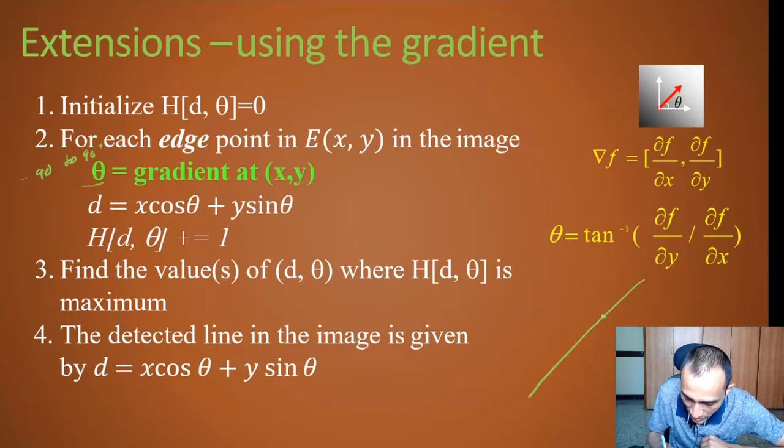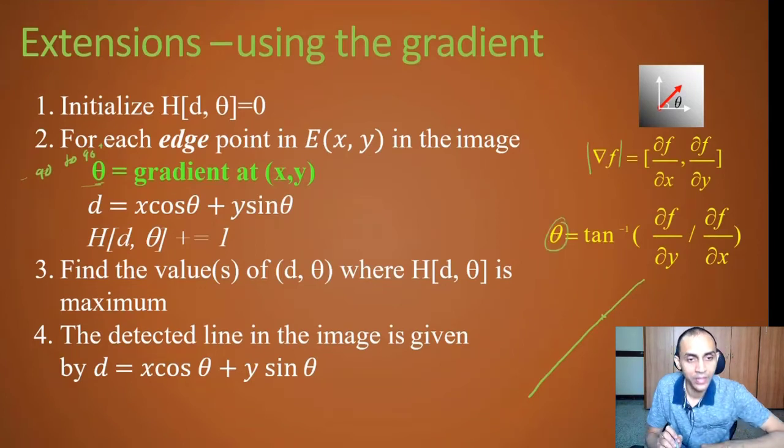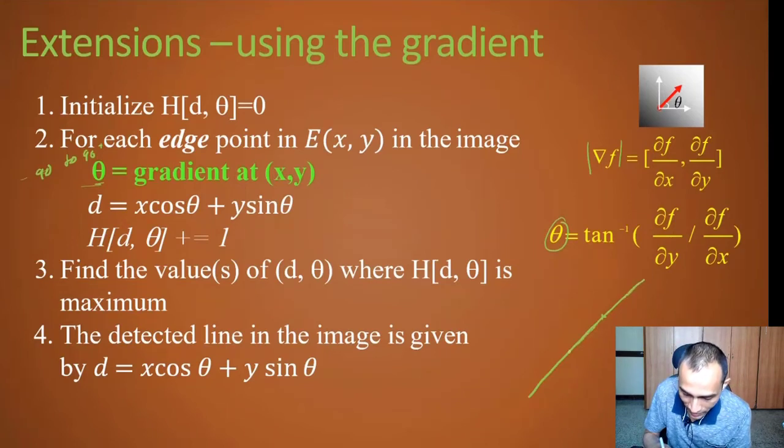At each edge point, because we are already calculating the gradient before we calculate the edge, not only do we have the magnitude, but we also have the edge direction, the theta direction, isn't it?